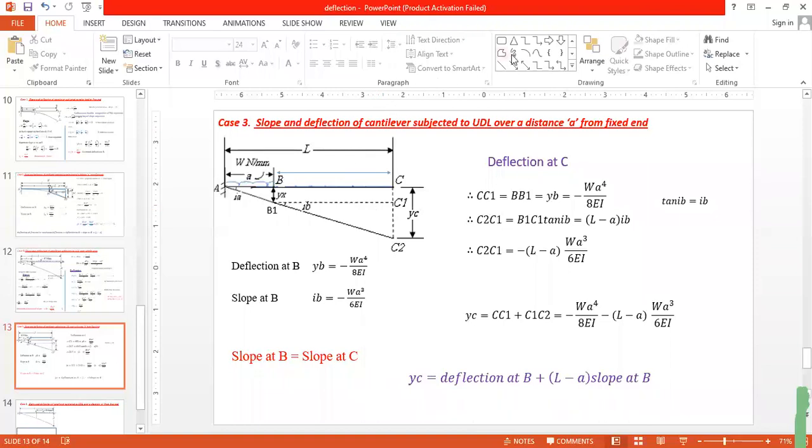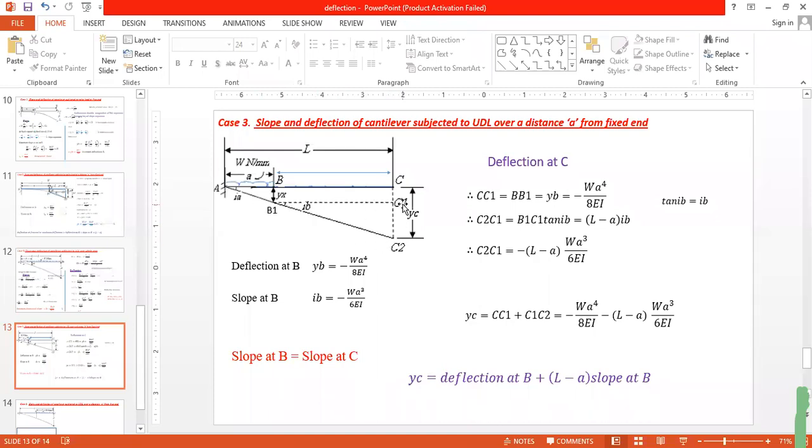Means this triangle is like this. You see here, this triangle. Now when we take this point very close to here and write tan of the angle, tan iB equals C1C2 divided by this distance.